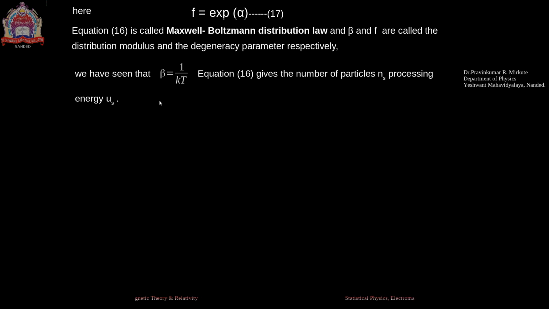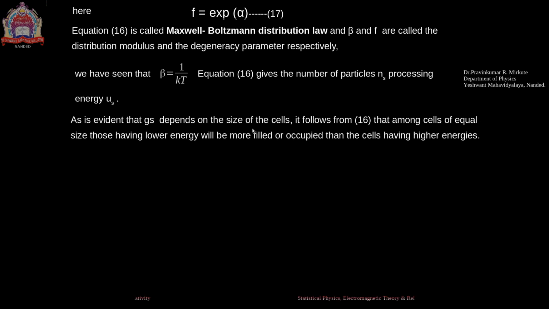We have seen that beta is equal to 1 by kT, where k is the Boltzmann constant. Equation 16 gives the number of particles ns possessing energy us. As is evident that gs depends on the size of the cells, it follows from equation 16 that among the cells of equal size, those having lower energy will be more filled or occupied than the cells having higher energies.